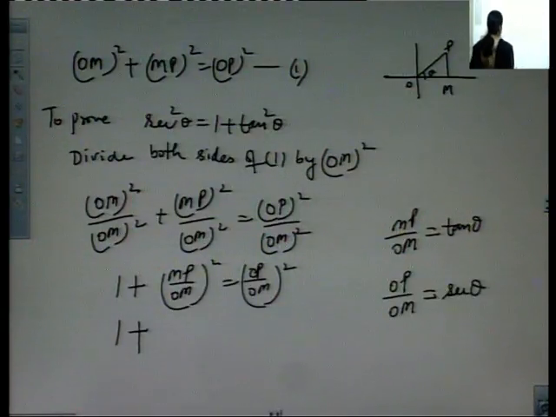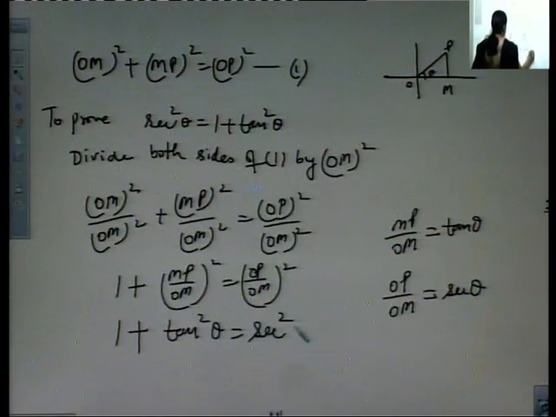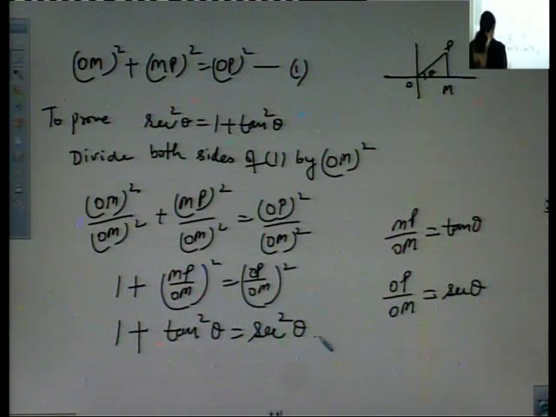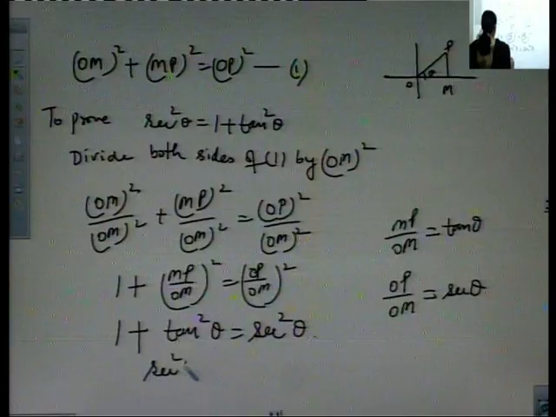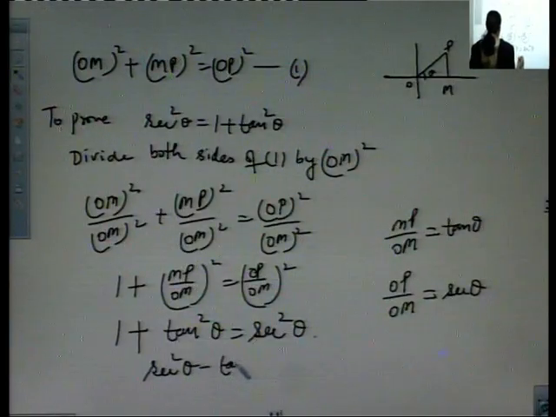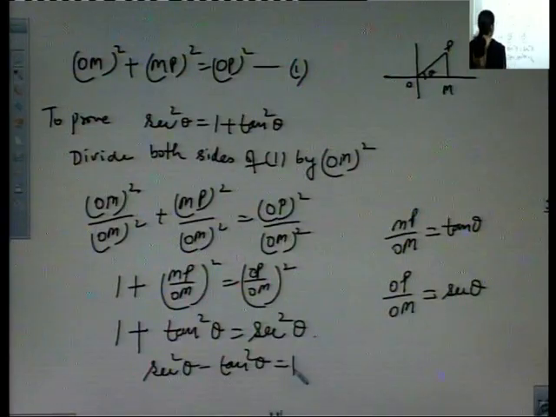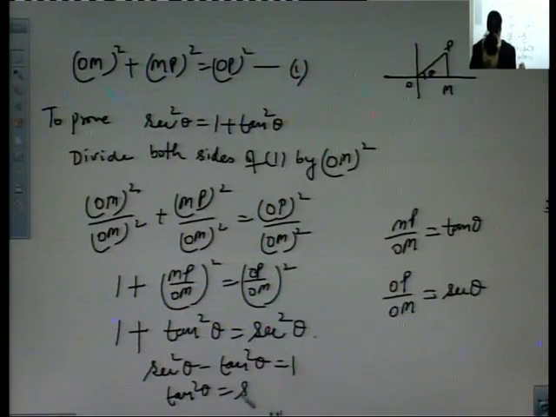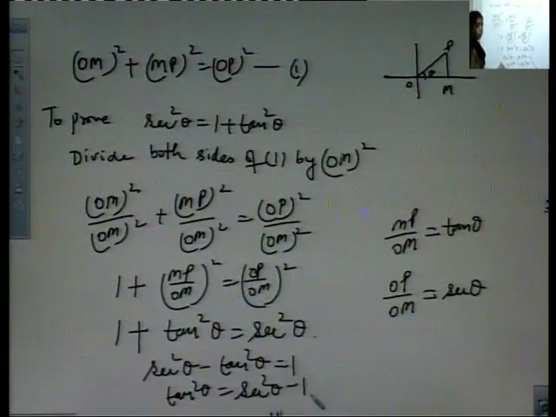So, we get 1 plus tan square theta is equal to secant square theta, and we can also say secant square theta minus tan square theta is equal to 1, or tan square theta is equal to secant square theta minus 1.